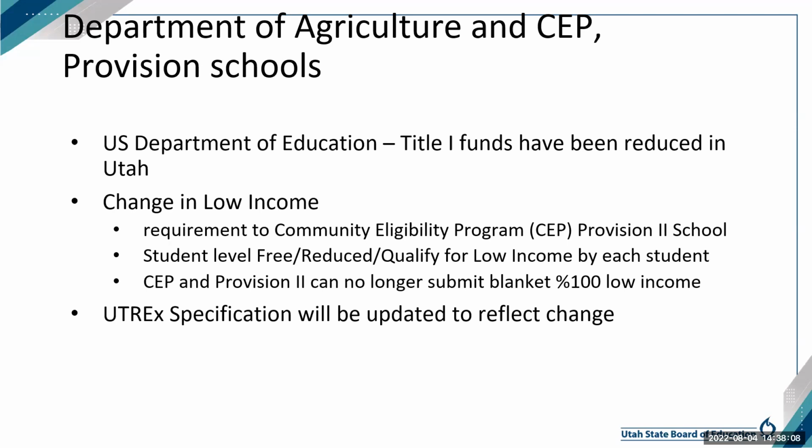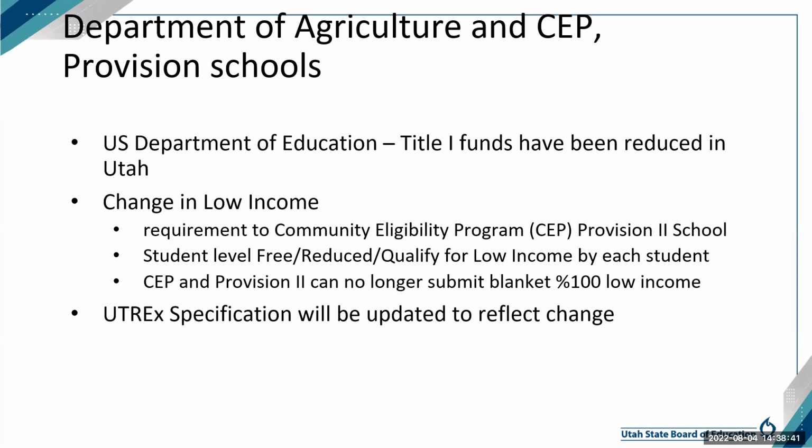Basically, under that designation you are able to give free lunch to all the students within either that school or within the district. And for the past, I think about 8 years or so, the training that we've been giving everyone under the Provision 2 or the CEP program is you may submit 100% of your students as low income into the UTREx submission process.